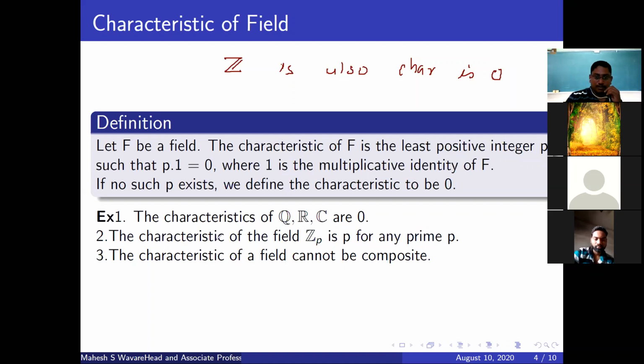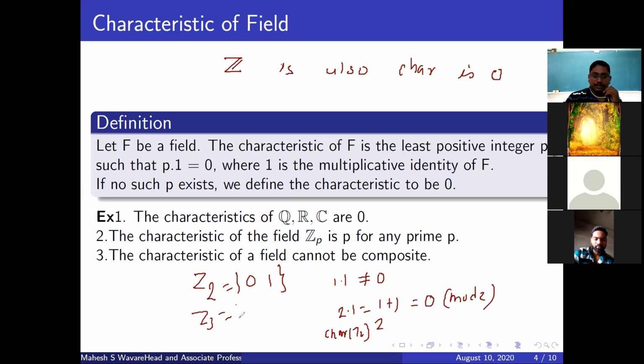Suppose I take Z2. Z2 has these two elements. Now 1 is not equal to 0 when 1 is added 1 time. Now 1 is added 2 times means 1 plus 1, which becomes 2, meaning 0 modulo 2. So 2 is the characteristic of this Z2.